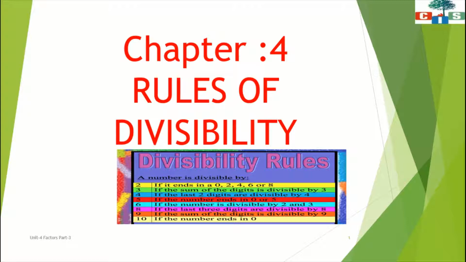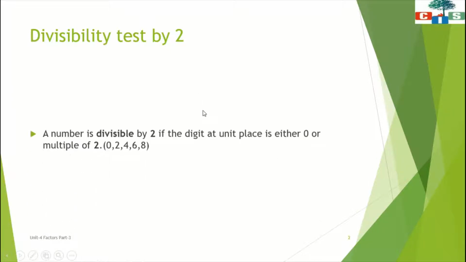First of all we will start with our first rule, that is divisibility test by 2. This test will help you to find whether the number is divisible by 2 or not. So what is the rule?